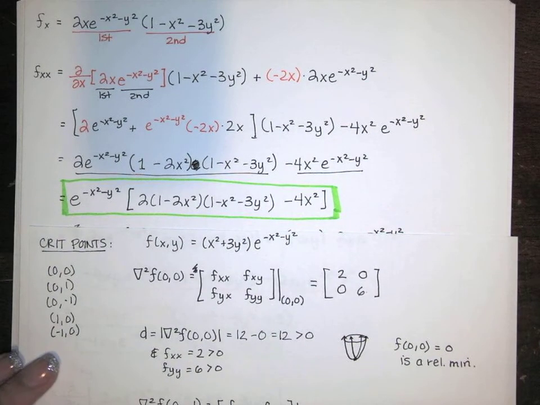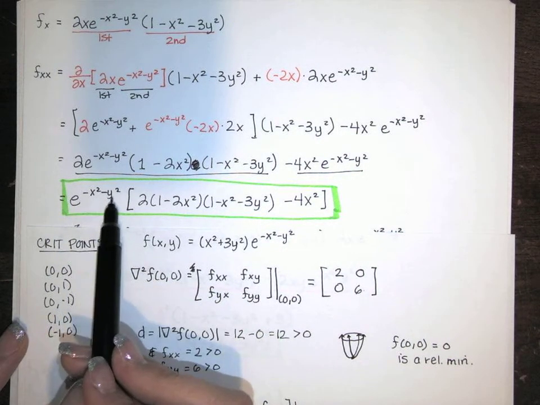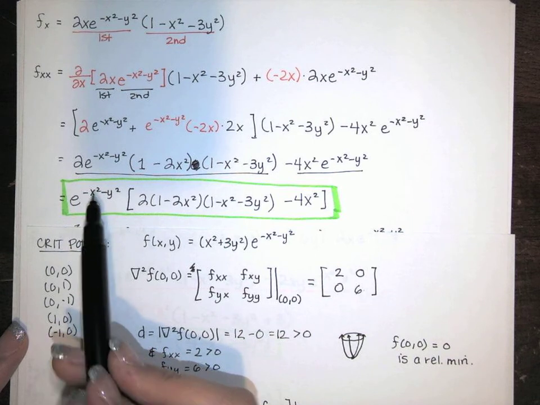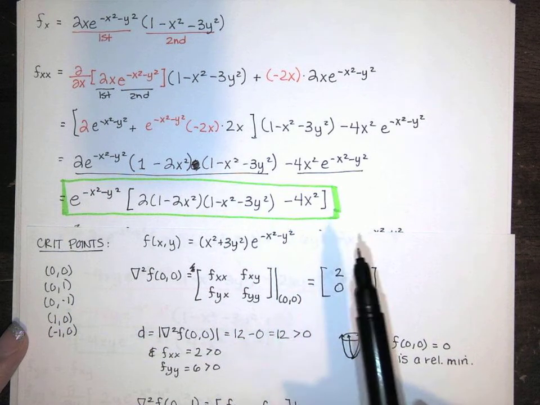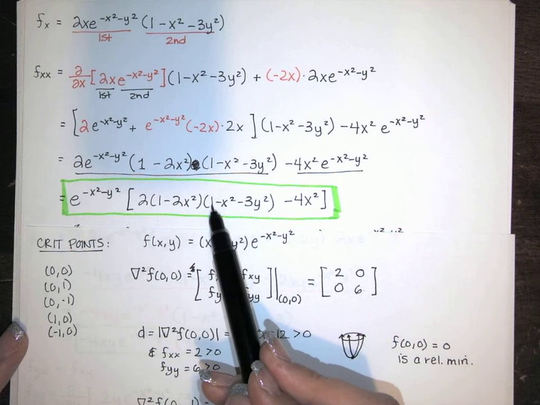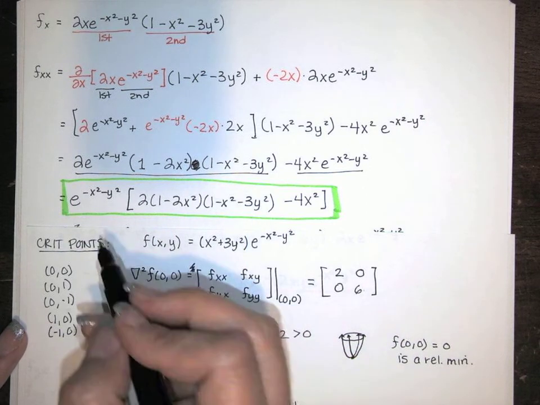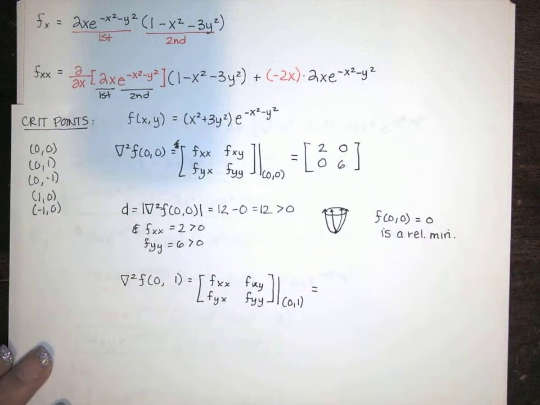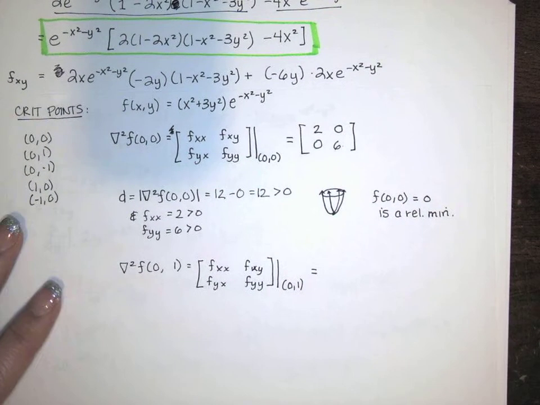We're substituting in 0 for x, 1 for y. So if x is 0 and y is 1, this is e to the negative 1. And then we've got 2 times 1, and we've got 1 minus 0 minus 3. I'm just going to write it down over here. I know there's a mess of writing. Just focus here.